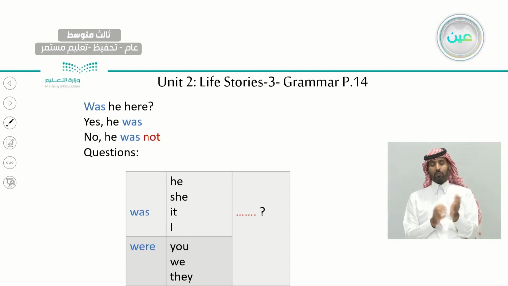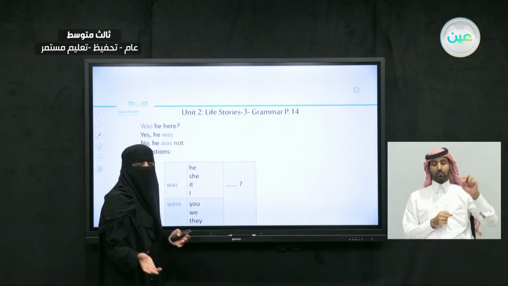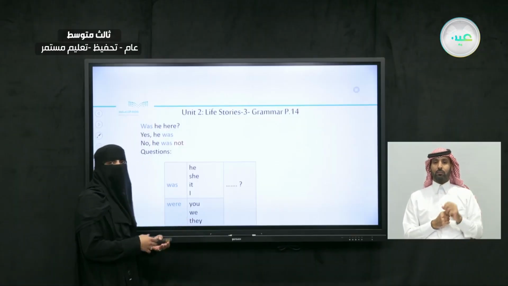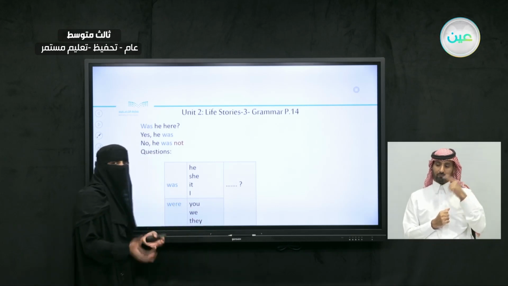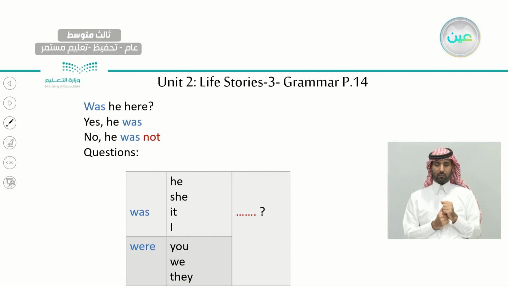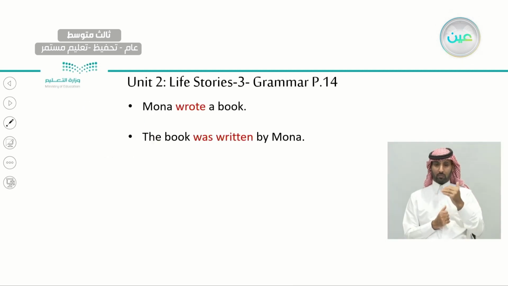Okay? Was she happy? Were you there when I left, for example? So you continue the sentence. The answer will be yes, I was. No, I wasn't. Yes, she was. No, she wasn't. Yes, they were. No, they weren't. Okay? Based on your sentence.